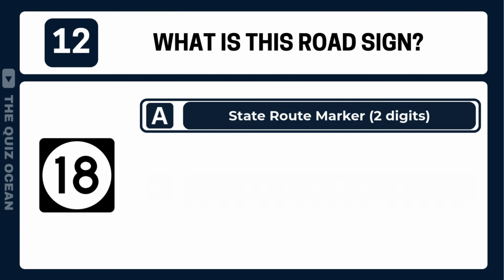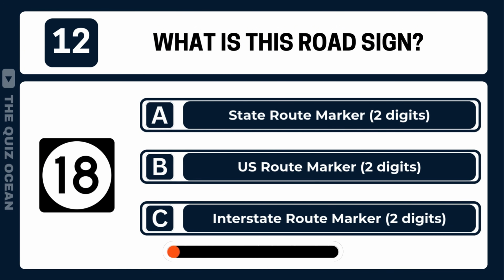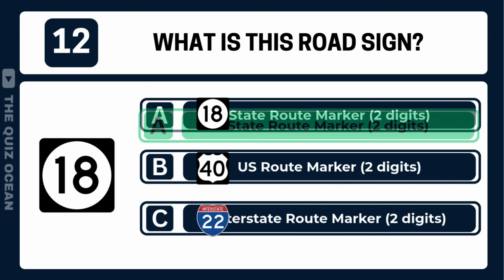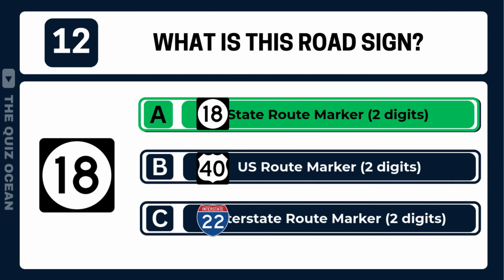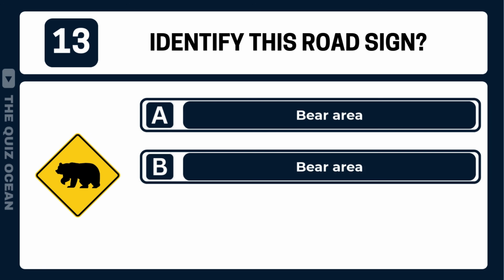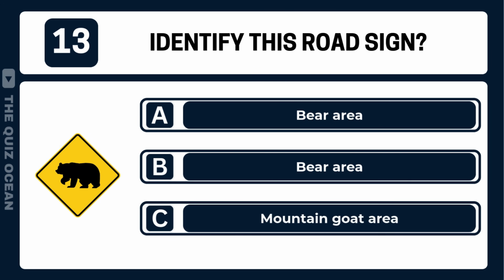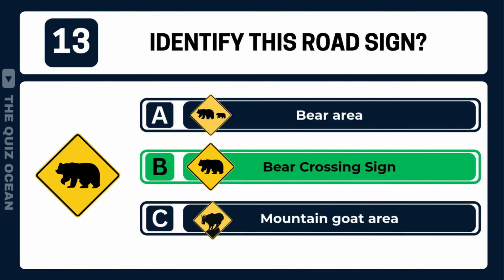Question 12. What is this road sign? The answer is A. State route marker, 2 digits. Question 13. Identify this road sign. The answer is B. Bear crossing sign.